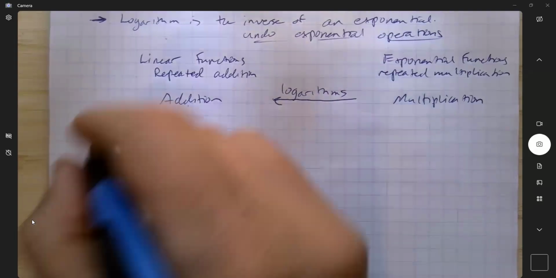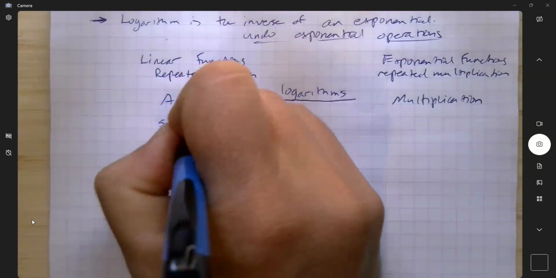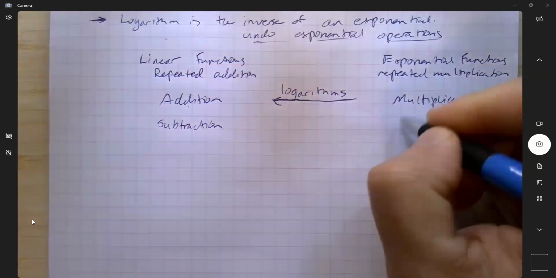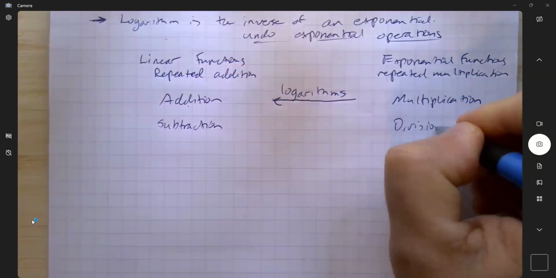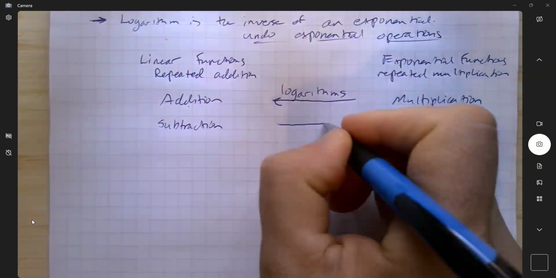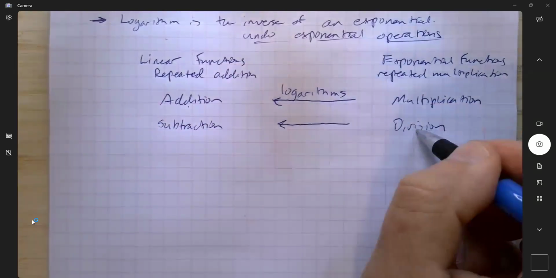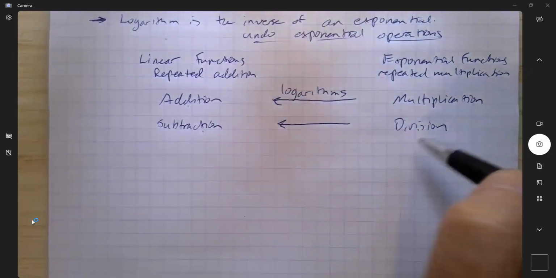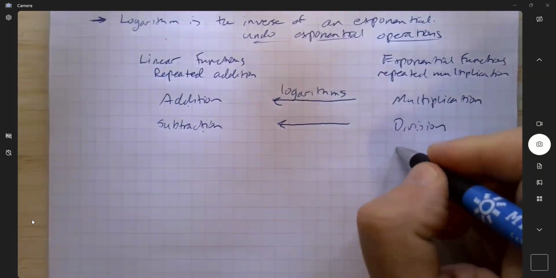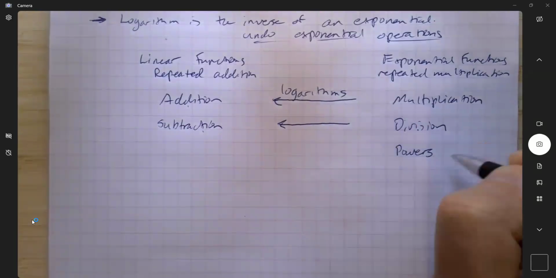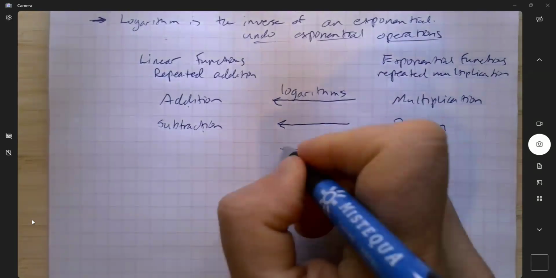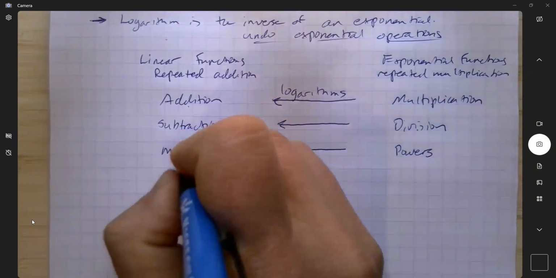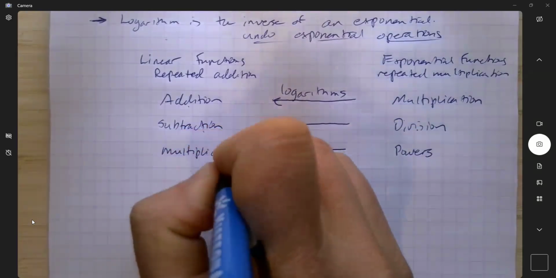Let's extend this idea a little bit. Subtraction in the linear world is division in the exponential world. So logarithms take division and turn it into subtraction. Repeated multiplication are powers, and logarithms turn that back into multiplication.